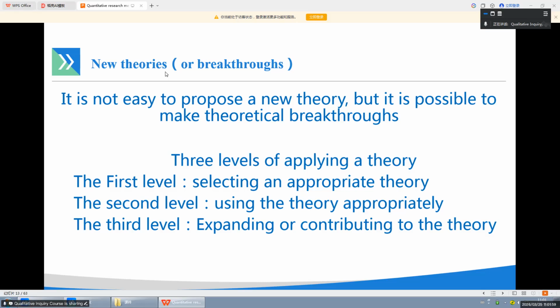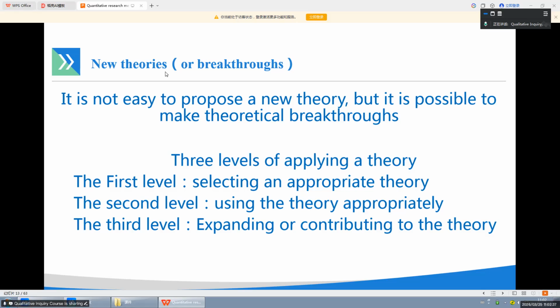Suppose in the theoretical framework you use, for example, one or two theories, but in other parts of your thesis it seems that it's not necessary to mention the theory again. That could be a problem.